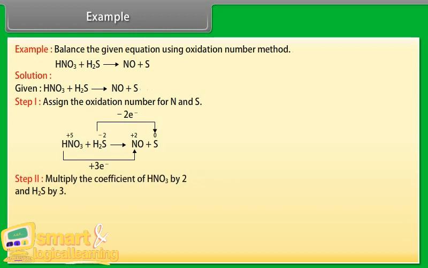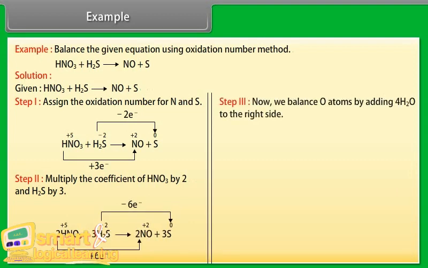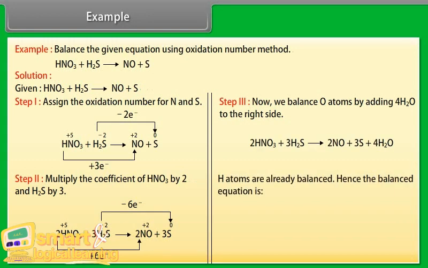Now multiply the coefficient of HNO3 by 2 and H2S by 3. Step 3. Now we balance O atoms by adding 4H2O to the right side. H atoms are already balanced, hence the balanced equation is 2HNO3 plus 3H2S gives 2NO plus 3S plus 4H2O.